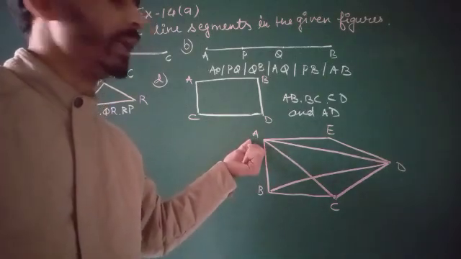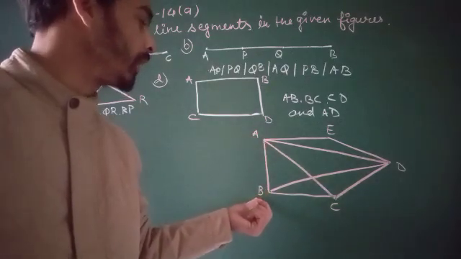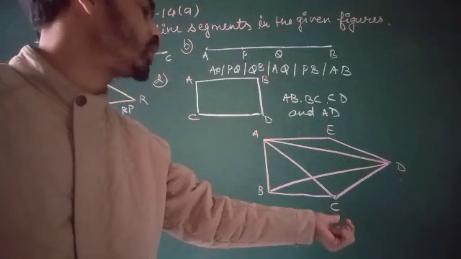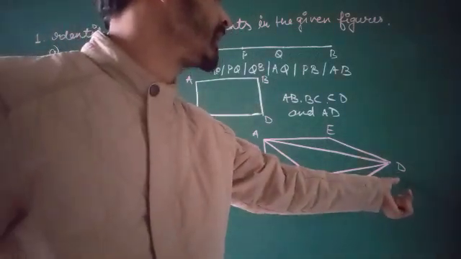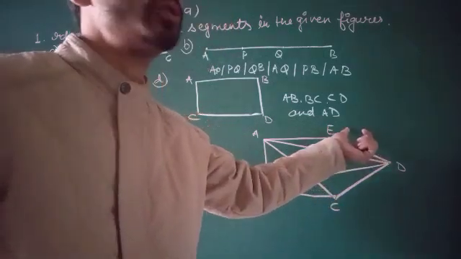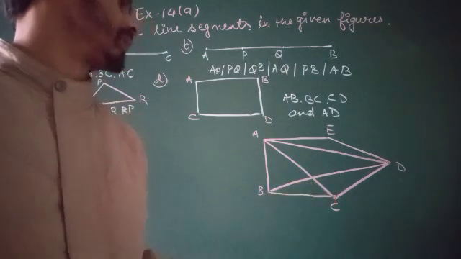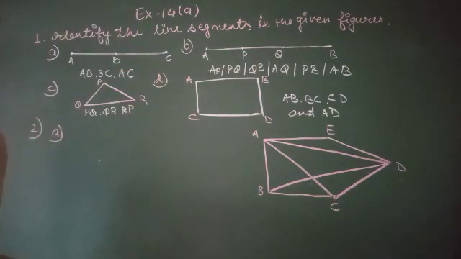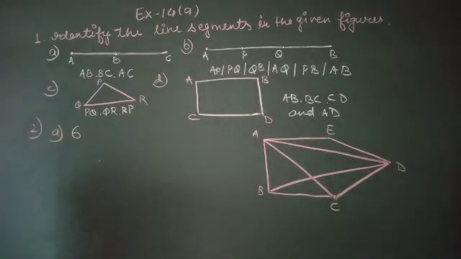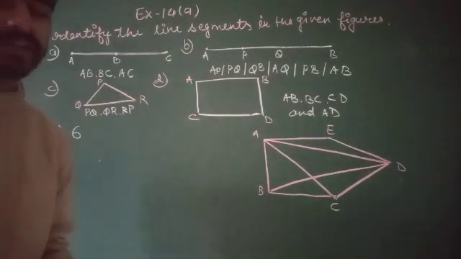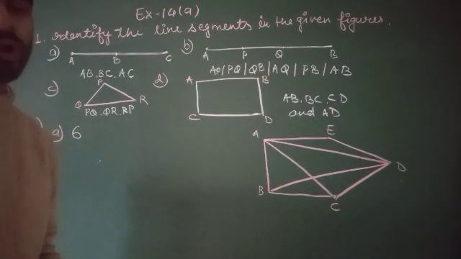Here A is a point of intersection, that means 1, B is also 2, C is also 3, D is also 4, E is also 5, and this is also a point of intersection. So there are 6 points of intersection in the following figure.